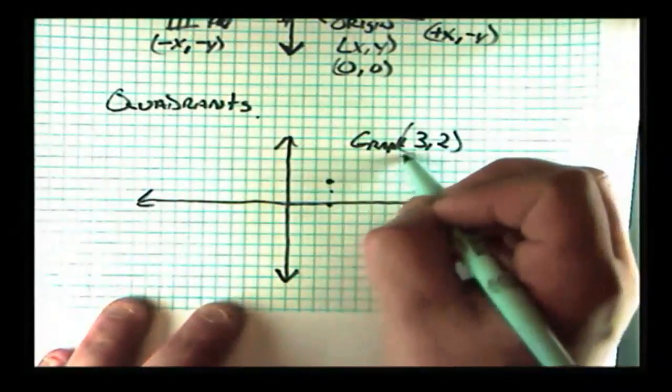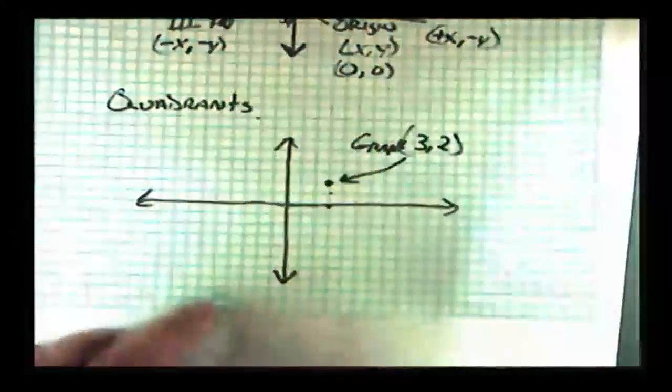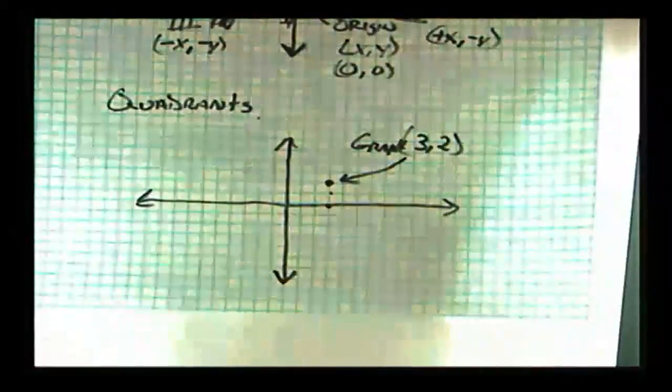If I want to graph the point 3, 2, well then I count 1, 2, 3 in the x, 1, 2 in the y, and there's the point we're interested in, 3, 2. 3 in the x, 2 in the y.